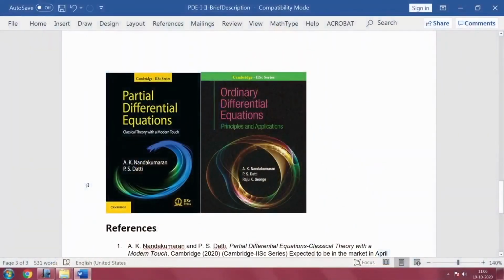So, let me give you some references. Let me briefly tell you our aim is to essentially cover our recent book on partial differential equations, classical theory with a modern touch. This is published under the IISc Press series.